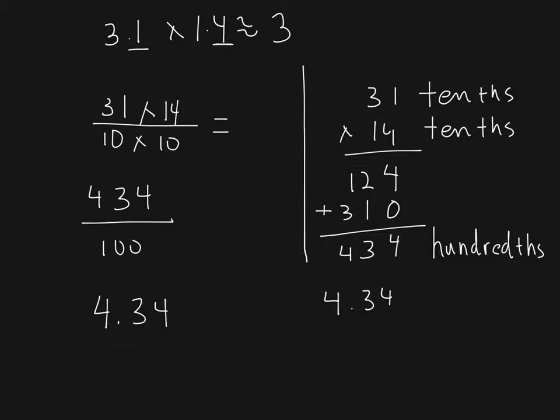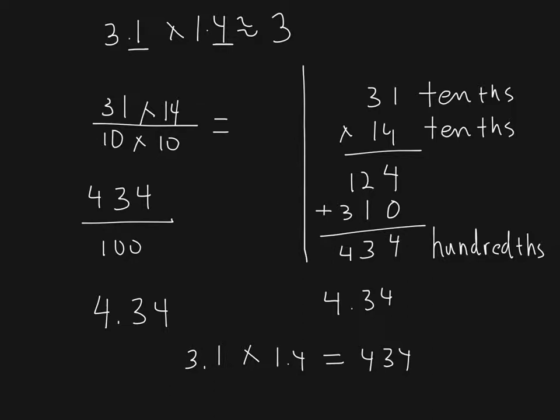So I know that 3.1 times 1.4, if I just think of this as 31 times 14, then my answer will be 434.